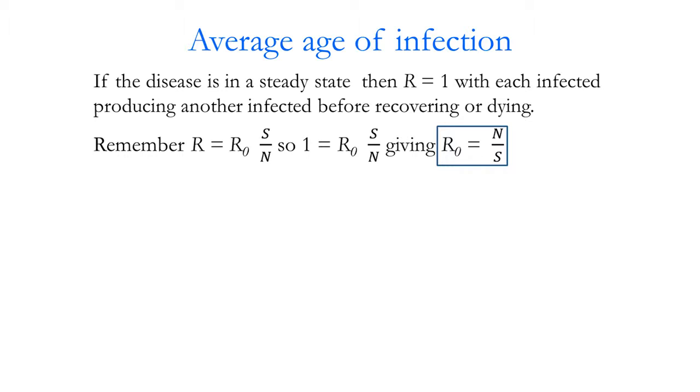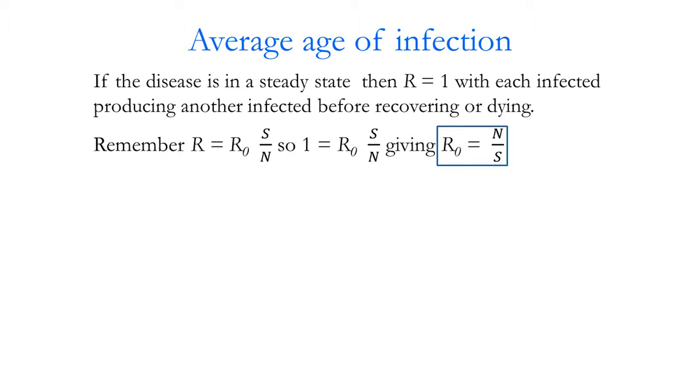Remember, I said that the effective reproductive rate R was R0 times S over N. So we now have that 1 equals R0 times S over N. Rearranging that, we get a result which is important in its own right: in the steady state situation, the basic reproductive rate is given by N divided by S, the total size of the population divided by the number of susceptibles.